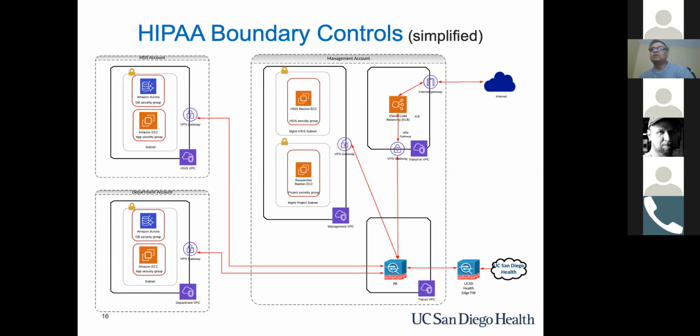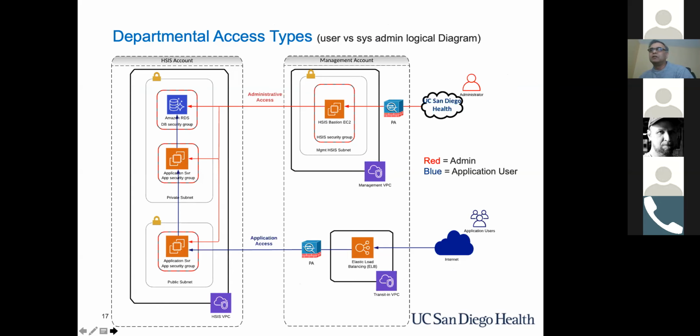So each VPC always has 3 zones: the database, the app server, and then the public web tier zone. So any public access or application access can only hit that public zone, or the third layer. So that's how we use the Palo Altos and the boundary controls.